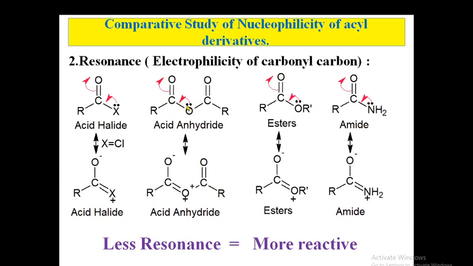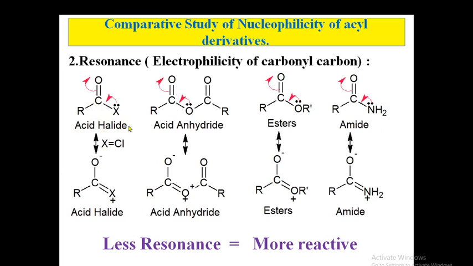When you have such splitting of resonance, obviously one of the carbonyl groups becomes more electron deficient and therefore reactivity increases, and hence acid anhydrides are more reactive as compared to esters as well as amides. And finally, let's see the acid halides.